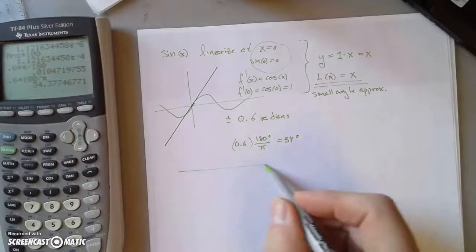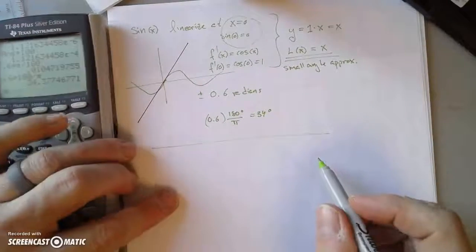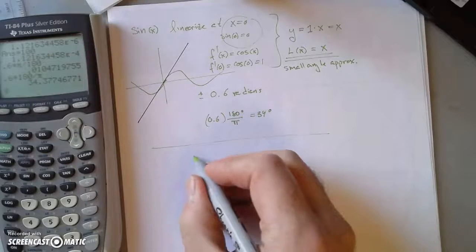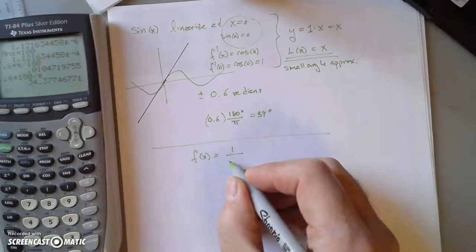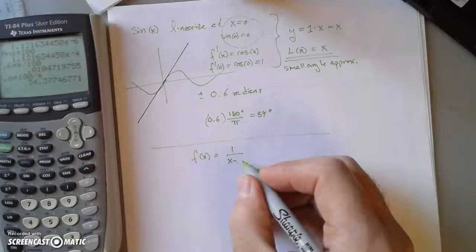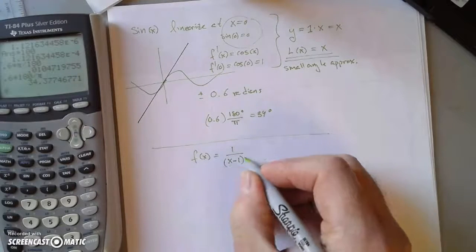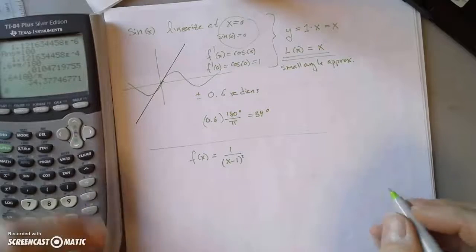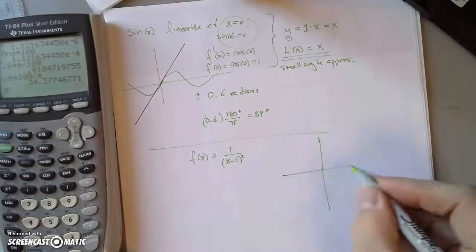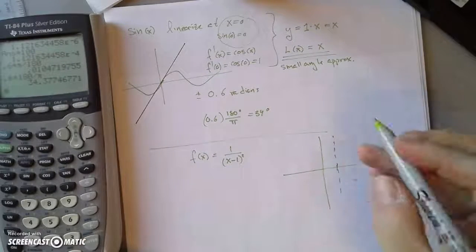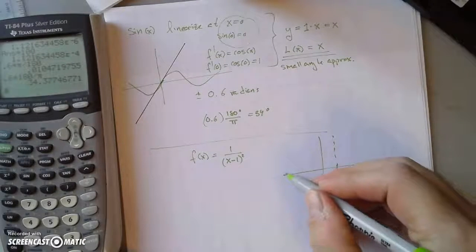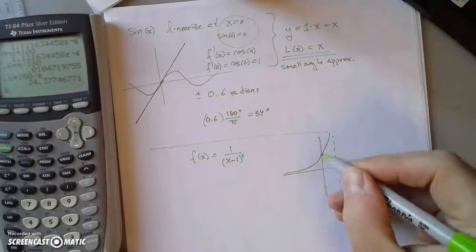Let's do another one that's pretty common, and we'll use it in the next video. Suppose you have f of x is 1 over x minus 1, squared. And so what does that look like? Well, there's a vertical asymptote at 1, and the function's always positive, and it crosses at 1.